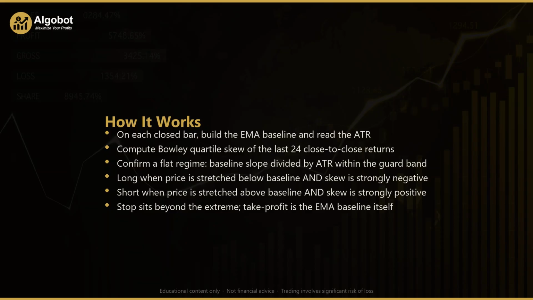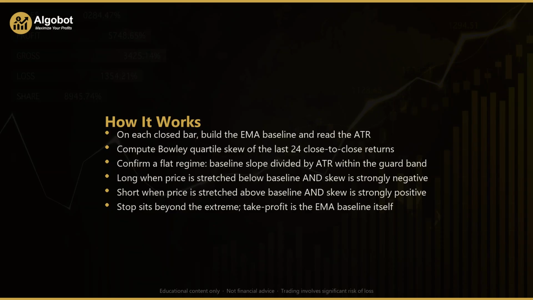Second, it takes the last 24 close-to-close returns, sorts them, and computes the Bowley quartile skew. The formula uses the first quartile, the median, and the third quartile. It's the third quartile plus the first quartile, minus twice the median, all divided by the interquartile range. The result is bounded between -1 and +1.